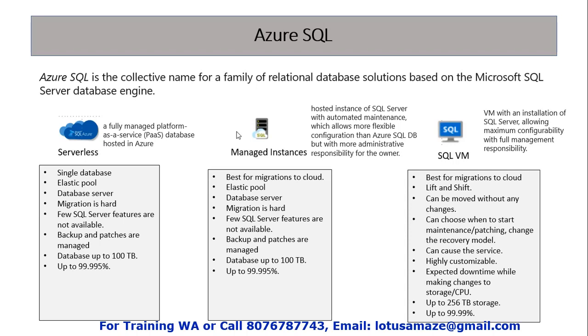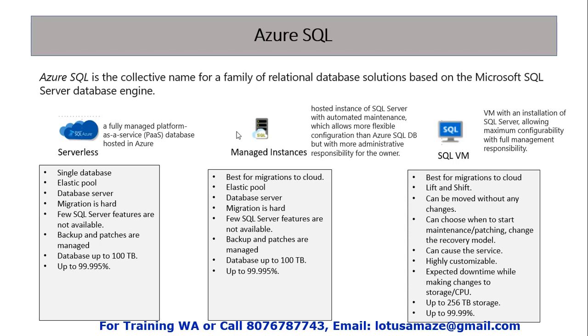So there are options like elastic pool, single database, database server, and migration; everything we can do in Azure SQL. But in this case, migration is hard, right? And a few SQL Server features are not available. Sometimes if we have to migrate from on-prem to Azure SQL, we cannot directly migrate.